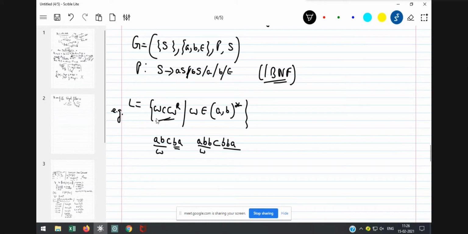Now I need to design a context-free grammar for this language. Let me just try. Before I try, let me list what strings are possible with this one. a c a is possible. b c b is possible. a b c b a is possible. a b b c b b a is possible.